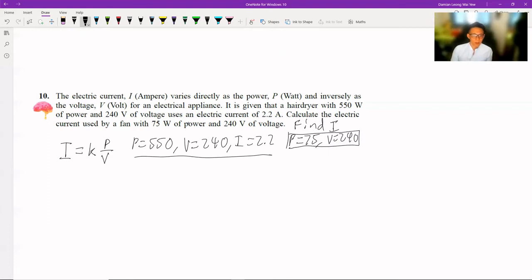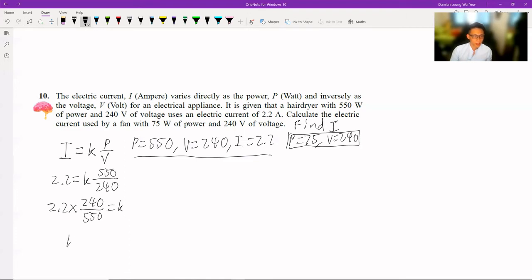This one I can use to find the K. Substitute the values in. 2.2 equals K times 550 over 240. Just bring over the fraction, flip the fraction around. Divide becomes times, times becomes divide.